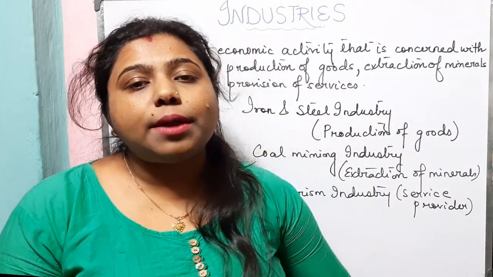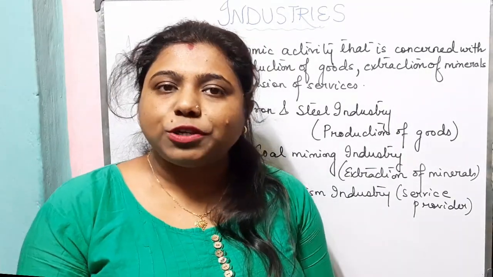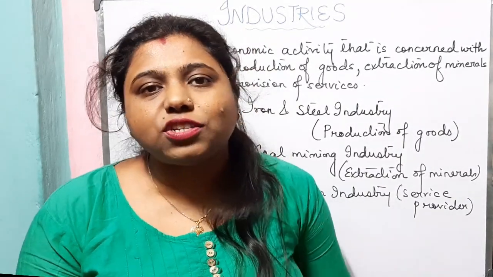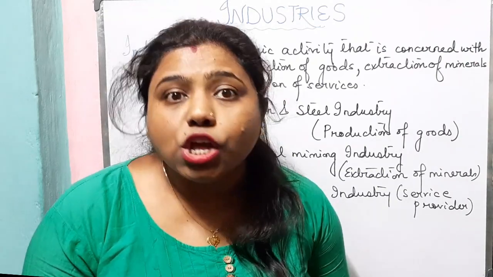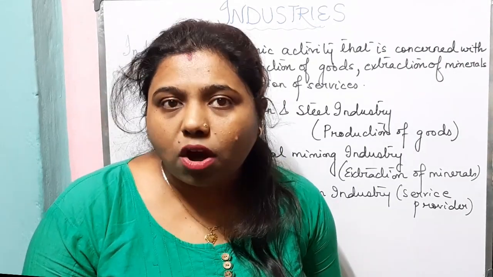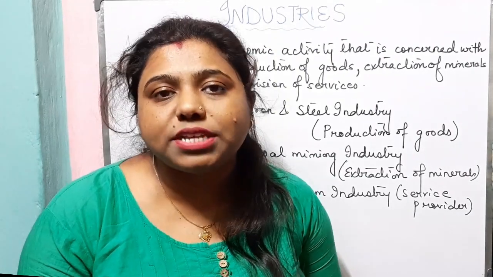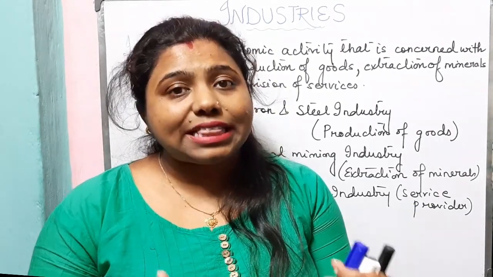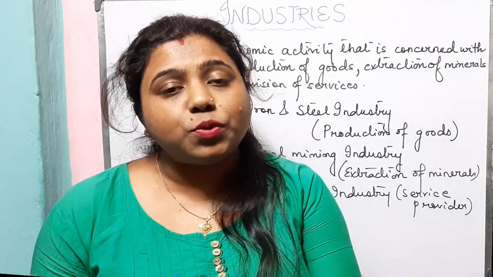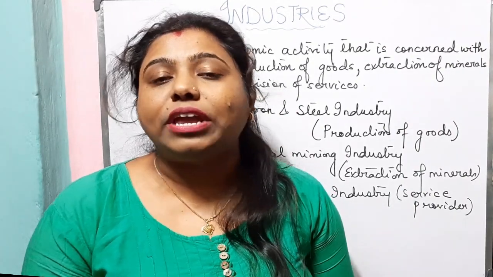Now, as we're talking about the industries, is it possible to construct or start any industry anywhere or everywhere? No, it is not possible, because there are certain factors on which the location of industries depends. So we can say that there are certain factors which affect the location of industries.